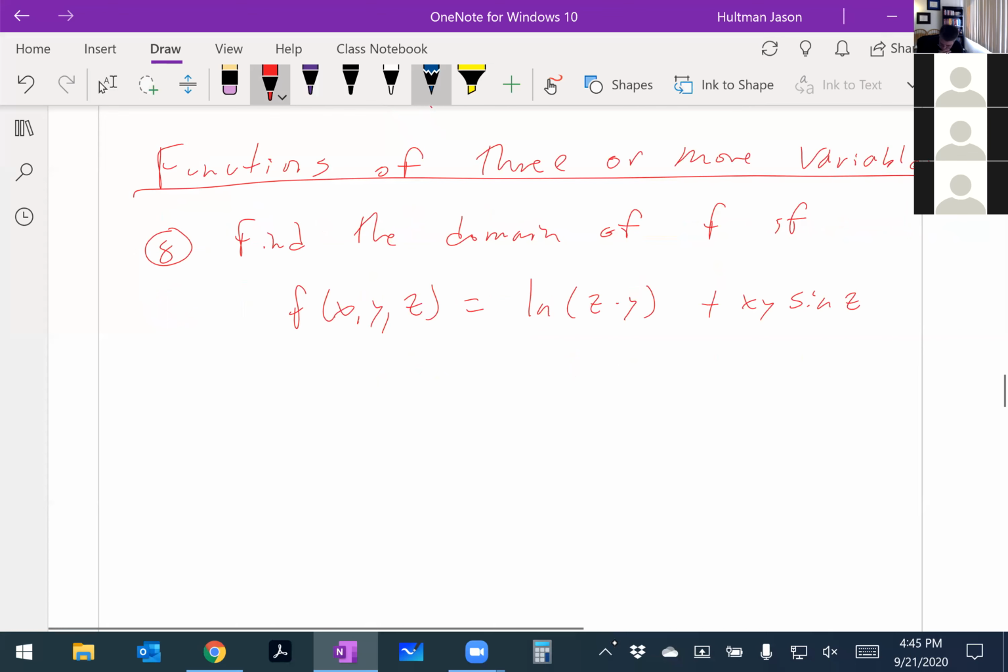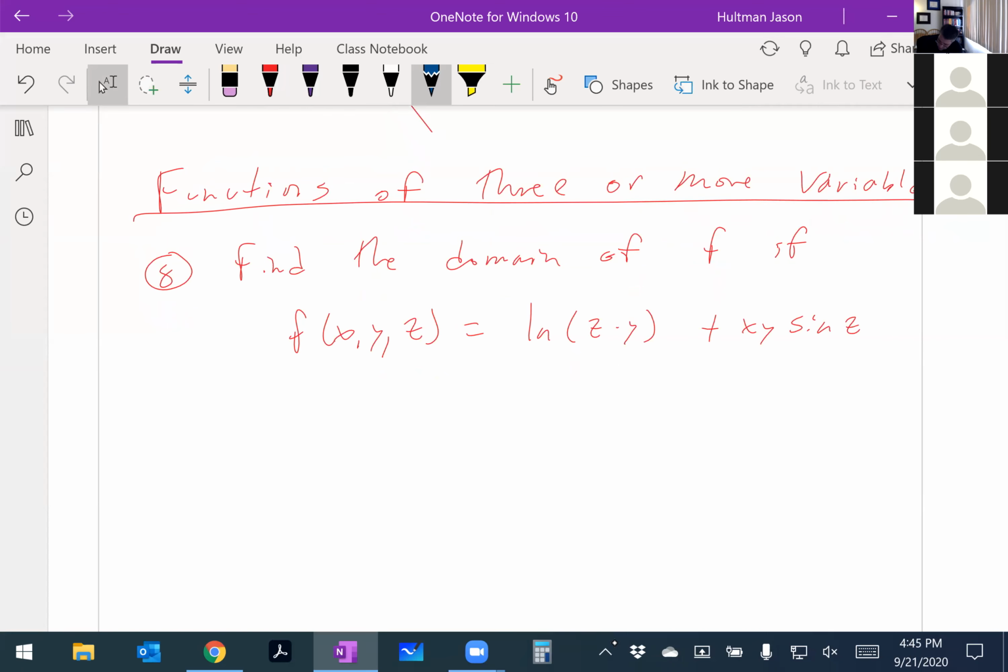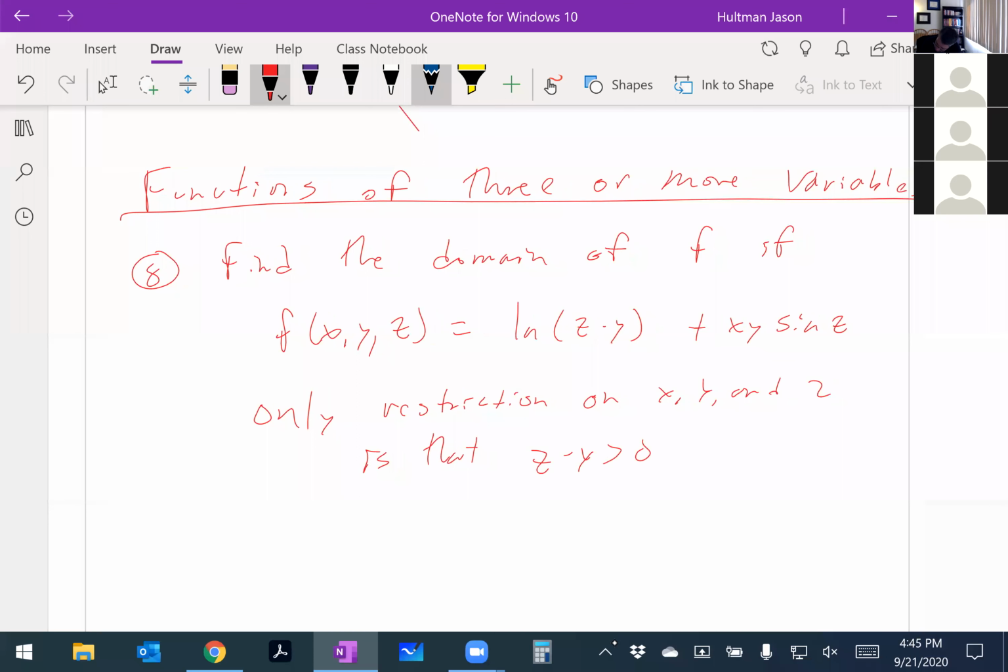Okay. So what's the restriction on x, y, and z? Well, the only restriction on x, y, and z is that z minus y has to be greater than 0, or z has to be greater than y.